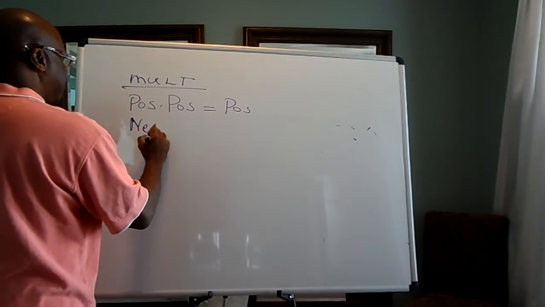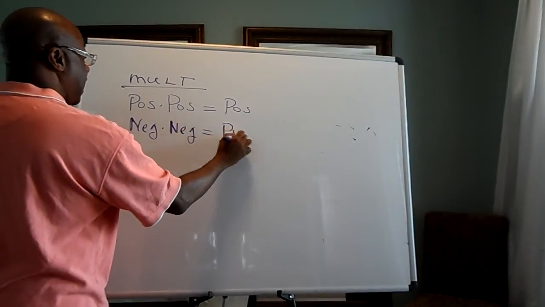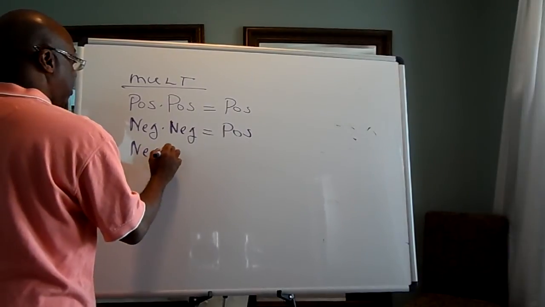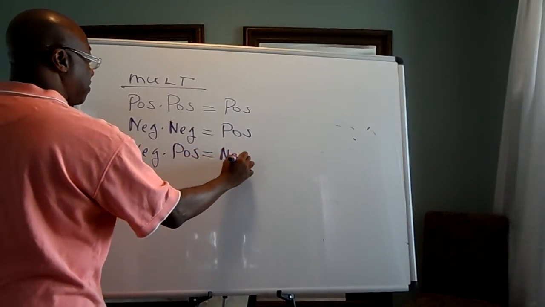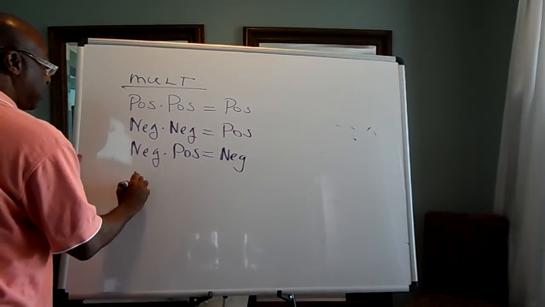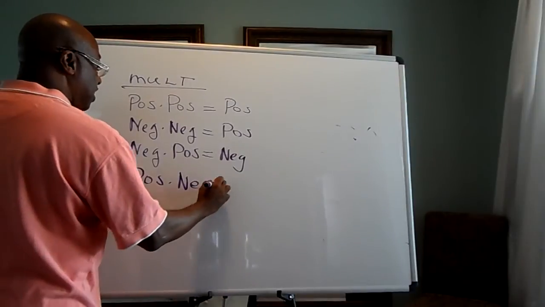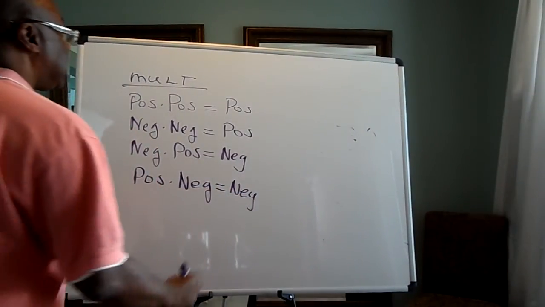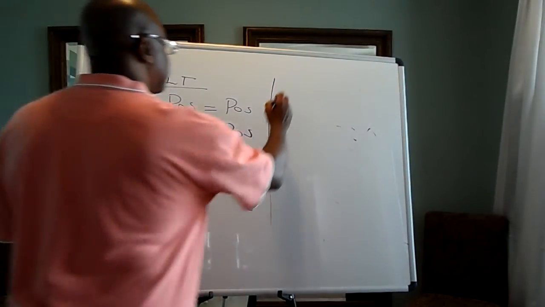A negative number multiplied by a negative number equals a positive number. And a negative number multiplied by a positive number is going to give you a negative number. And a positive number multiplied by a negative number results in a negative what? Number.